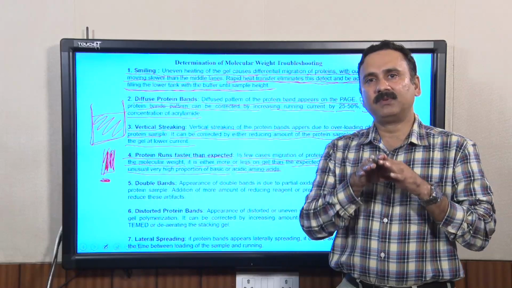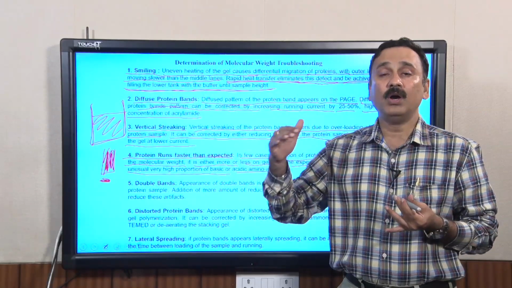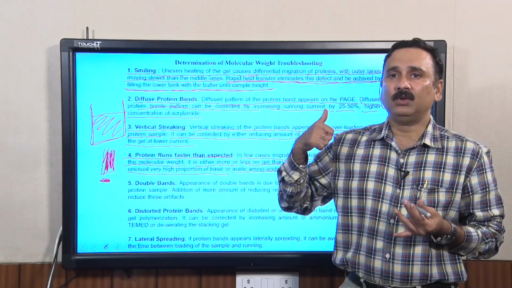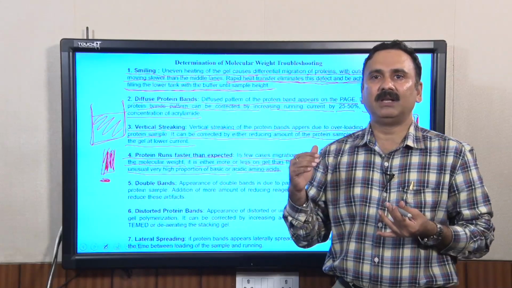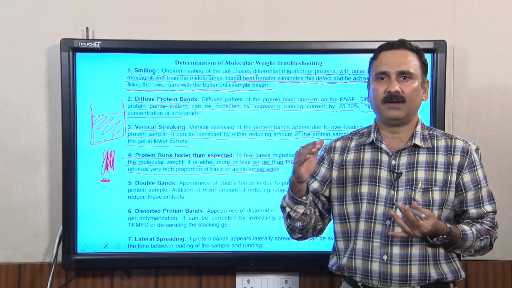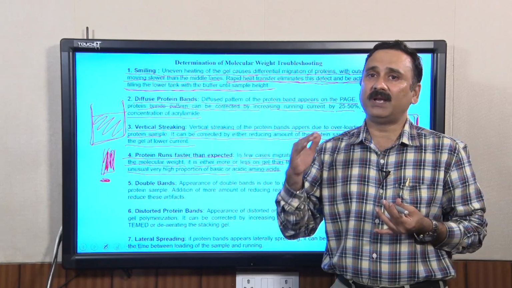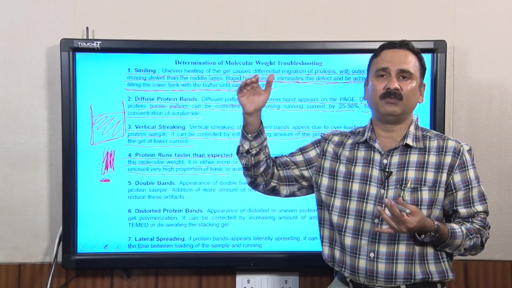But what is observed is that in some cases the protein runs either faster or slower, and in those cases people have found that the protein either has a large quantity of acidic amino acids, and because of the acidic amino acids the protein has extra negative charge in addition to the negative charge from the SDS.